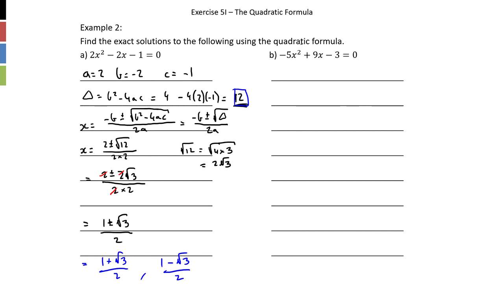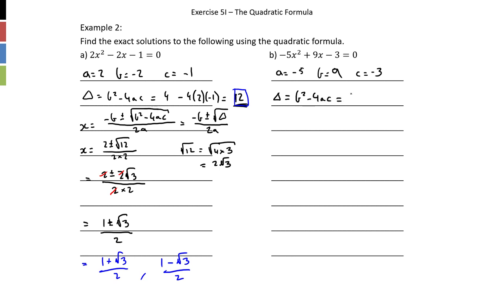Let's do B. A is equal to negative 5, B is equal to 9, C is equal to negative 3. So we'll start with our discriminant because we want to make sure we're actually going to have solutions.